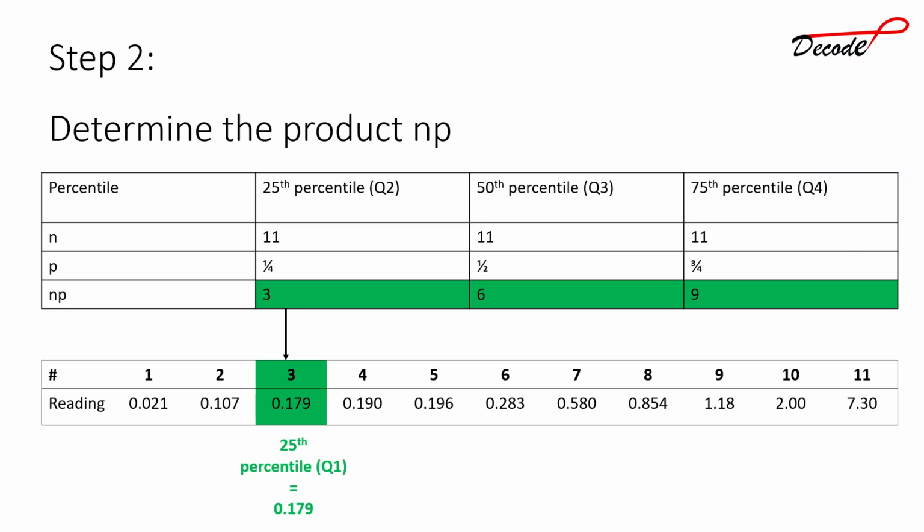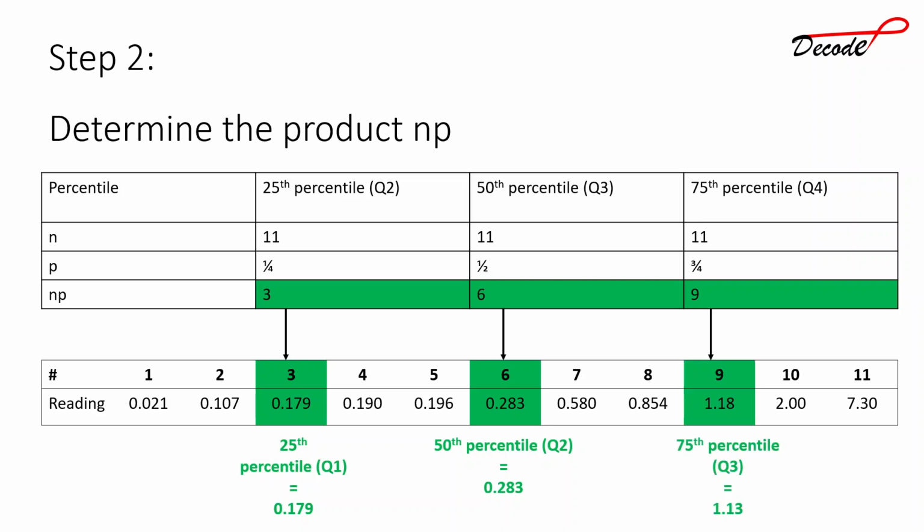We have 0.179 as the third value in the ordered observations. So 0.179 is at the 25th percentile, or at Q1. The sixth value in the ordered observations is 0.283. So Q2 will be at 0.283 and Q3 will be at 1.13.